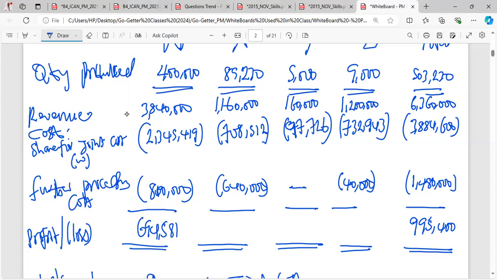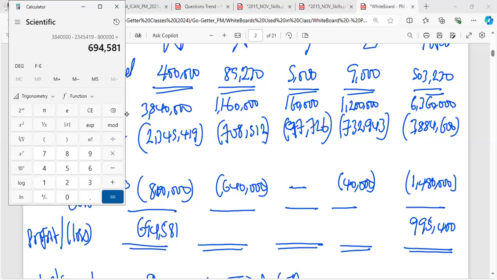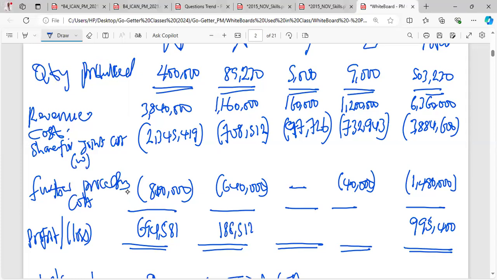Then we do the second one, 1,160,000 minus 708,512 minus 640,000. That will give us a negative figure, 188,512. Negative, that's a loss.